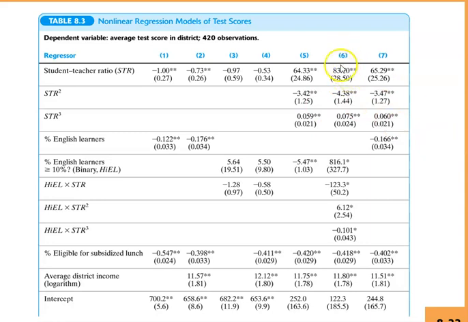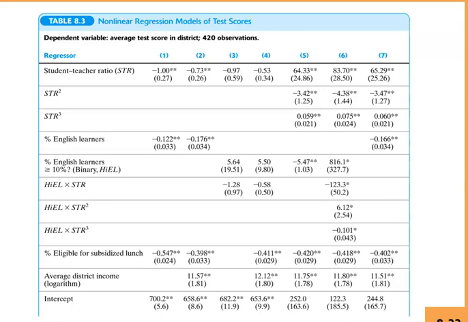Finally, moving on to our sixth specification, we also add the interaction terms because we believe that the relationship between student-teacher ratio and test scores might be different at different levels of high EL, which is the binary variable for the percentage of English learners in the classroom.